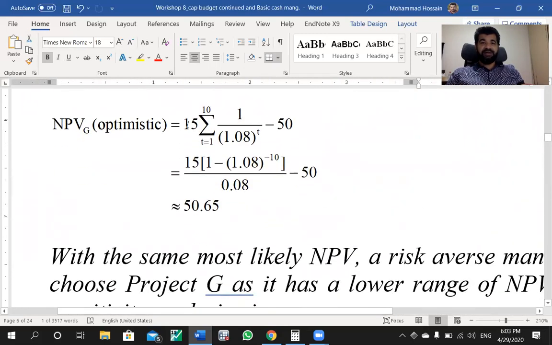You can see the summation of t equals 1 to 10, so 10 years, of 15 times 1 divided by (1 plus 0.08) to the power t, minus 50. This is our formula actually. So by using the formula, I put the values in there. This is your main formula, but when you distribute and break it up, it will come up this way.